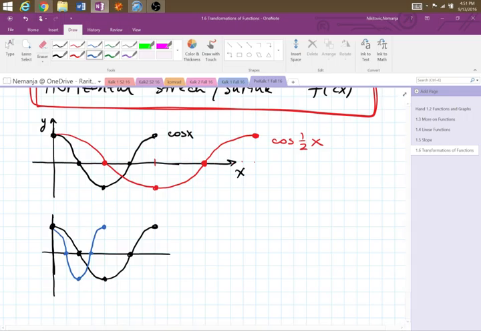So this will be cosine 2x. So this is how your Precalc 2 is going to look like, except you're going to do much more with these things. The shrink and the stretch are best shown on the trigonometric functions, so that's why the book uses it and I use it in class.